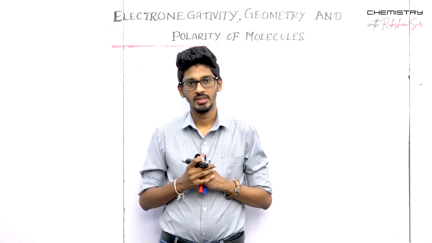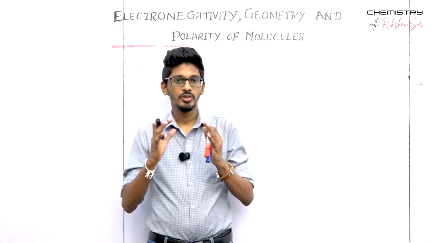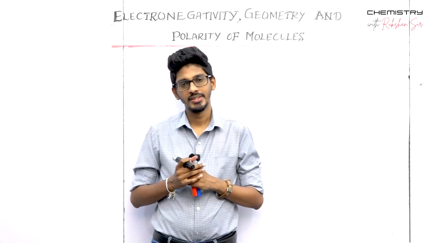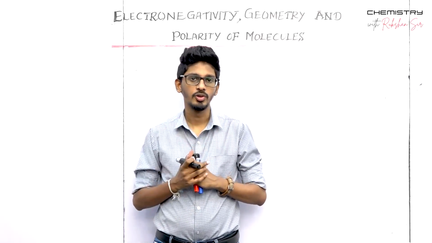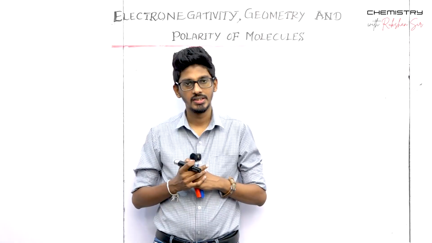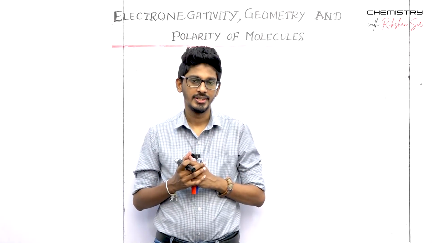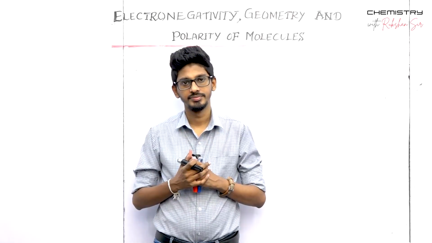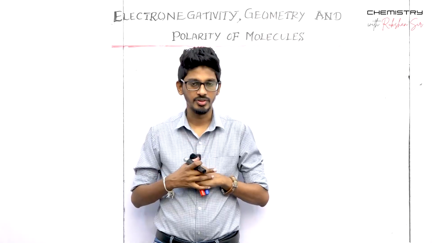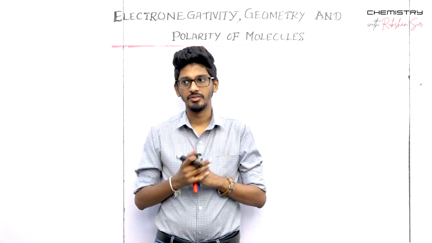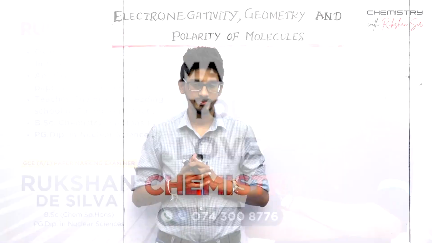To consider the polarity of molecules, not only the electronegativity values or the electronegativity difference, but also the geometry of the molecule matters. So let's discuss the polarity of molecules.